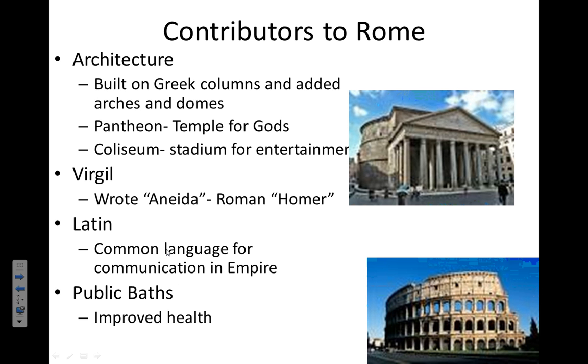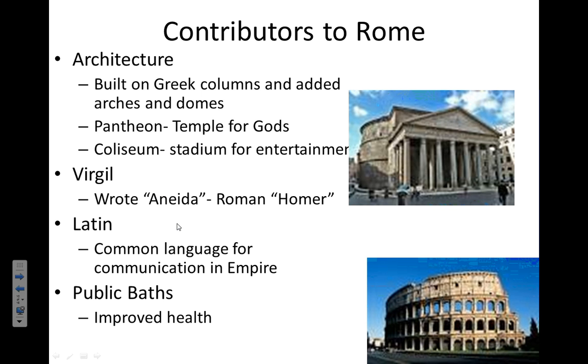So during the Pax Romana, there were a number of contributions, much like there were during Greece's Golden Age. In terms of architecture, they built on the idea of Greek columns and added an arch and a dome. An example of an arch and a dome would be the dome on top of the Pantheon, which you see over here, and then the Colosseum shows the arches. A famous writer from Rome was Virgil. He wrote the Aeneid.